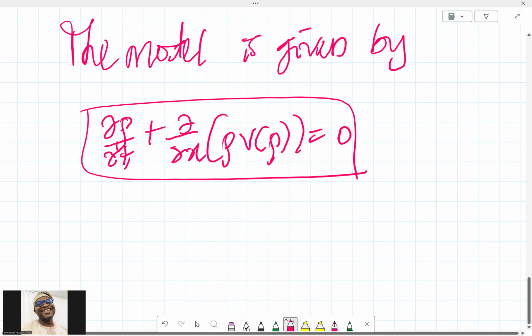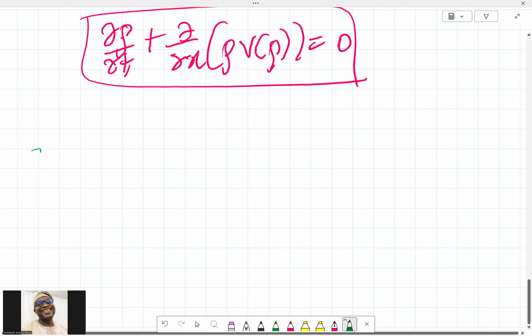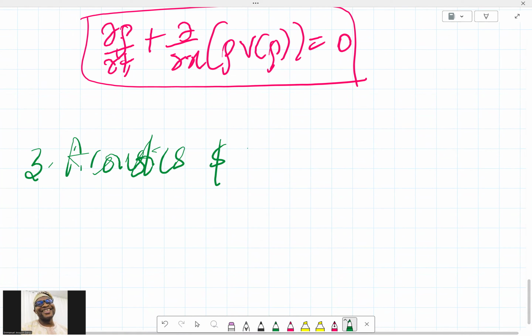Then we go for the third one, which is acoustics and wave propagation.